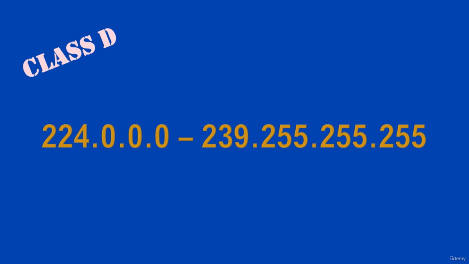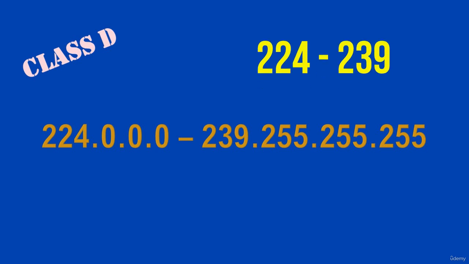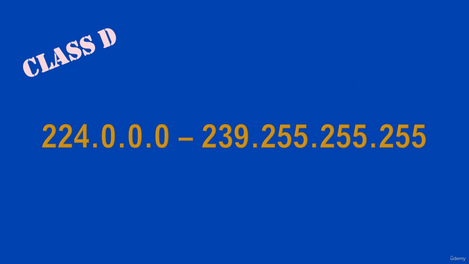Class D addresses are IP addresses that are used for multicast. All addresses between 224 and 239 are Class D. For instance, we can give the IP address 224.0.0.0 through 239.255.255.255.